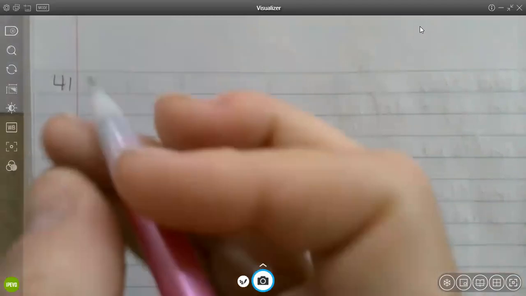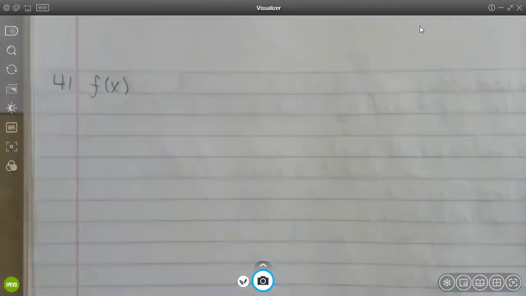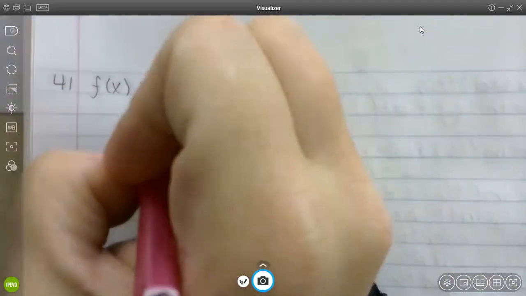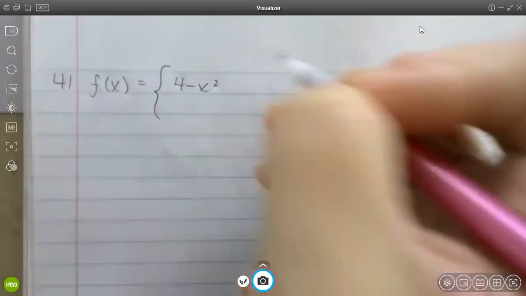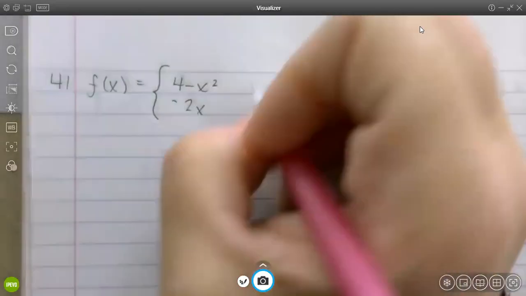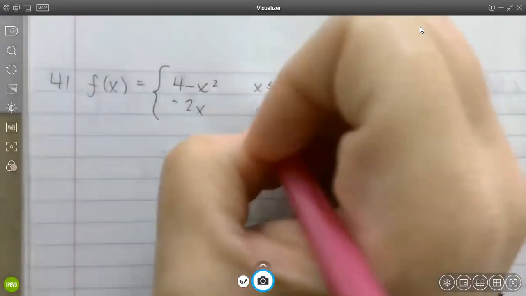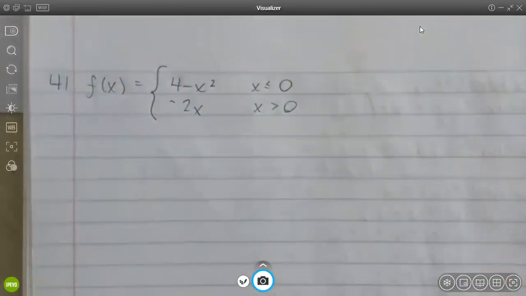41. This is that piecewise. F of x equals, I knew y'all would have questions on this one. All right.